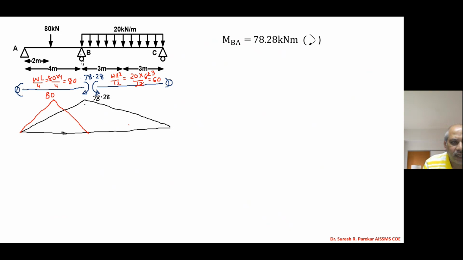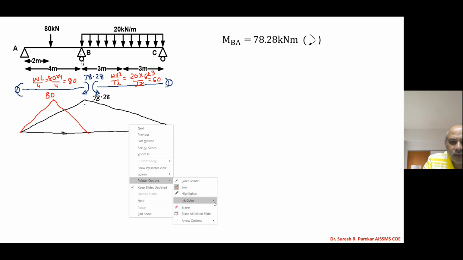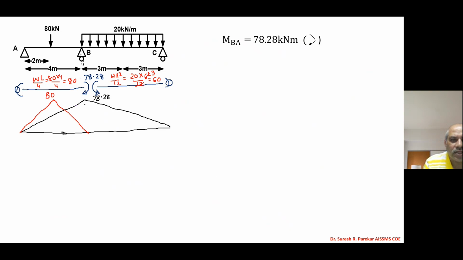Now this is 78 and we have to plot 60, so it will be below, around 3/4 of it. So we have this length and around 3/4 approximately, and again at center. We will draw it and that will be a parabola with value 60 over here. All these values are in kilonewton meter.